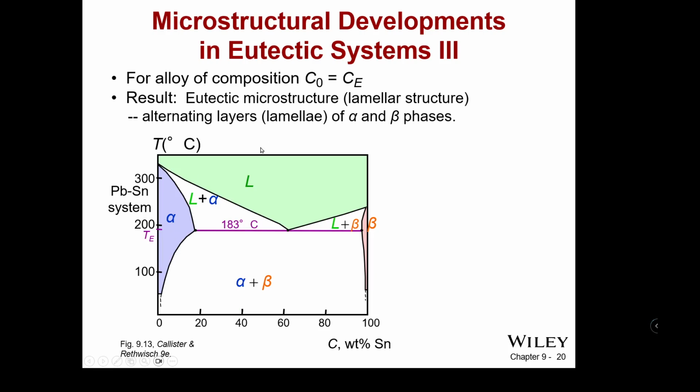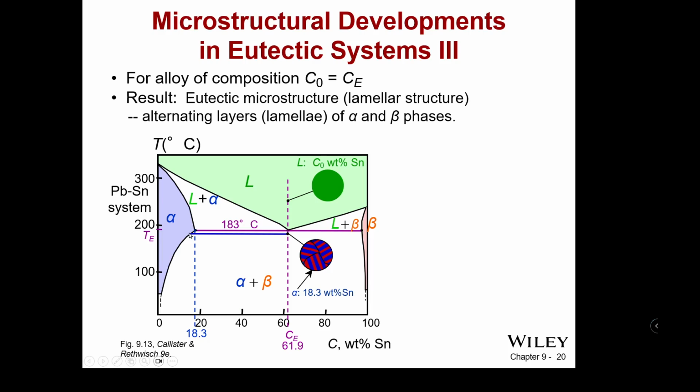So let's look at one more example for an alloy where the concentration is equivalent to the eutectic point. We start out a liquid. As we cool, we get combinations of alpha and beta below that temperature.